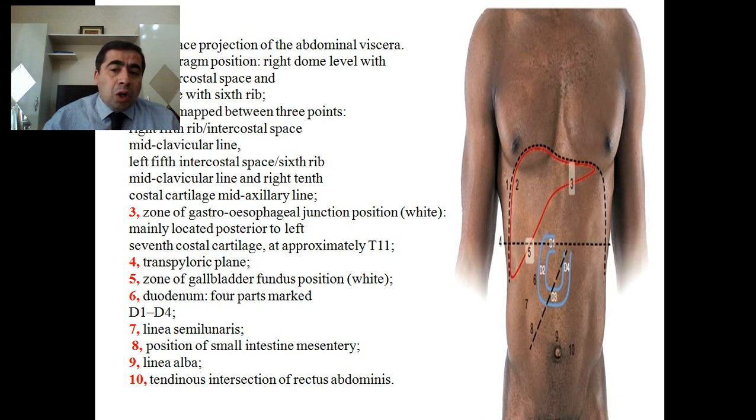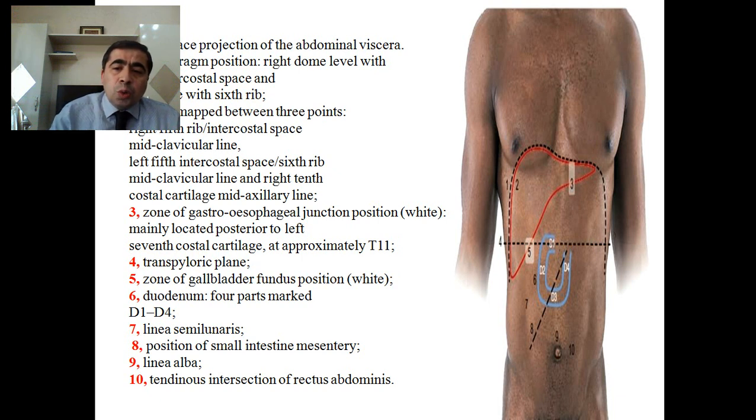The liver is mapped onto the anterior wall by the following projection points, three points actually: the right fifth rib or intercostal space by the midclavicular line, the left fifth intercostal space or sixth rib also by the midclavicular line, and the right tenth costal cartilage by the midaxillary line.